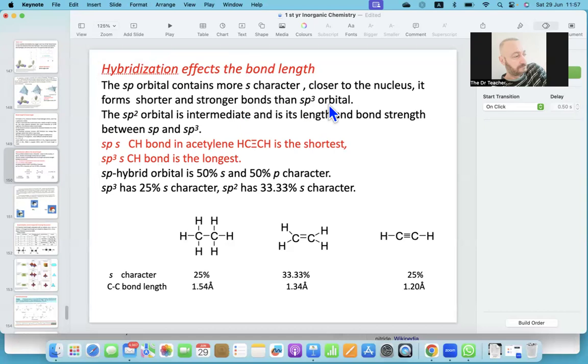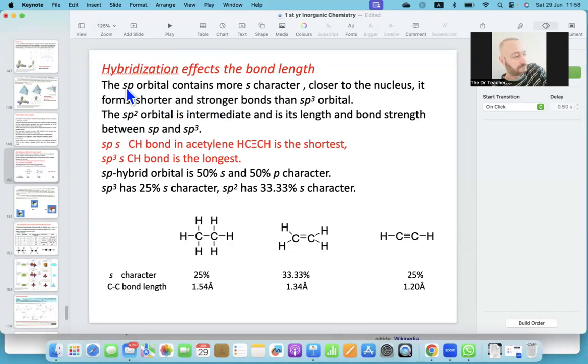Let's remember that sp hybridization will make shorter but stronger bonds than sp2 and sp3 orbitals. The sp2 orbital is intermediate.